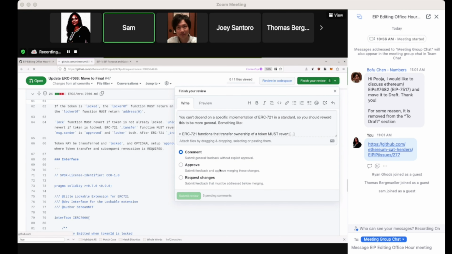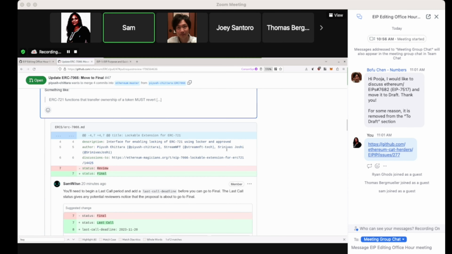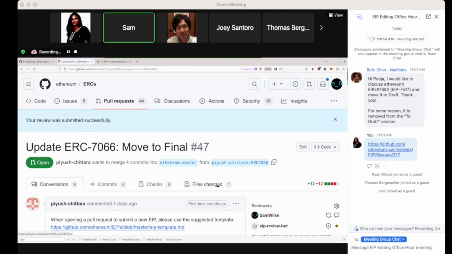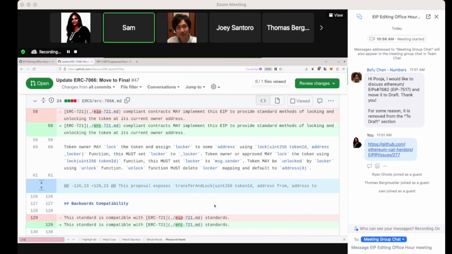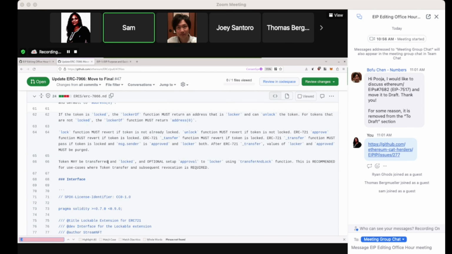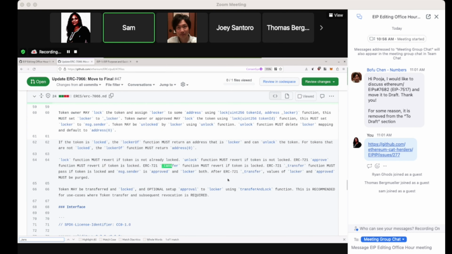That is not what I wanted to do. ERC 721 transfer function must pass if token is locked and message.sender is approved and the locker, or both, after ERC 721 transfer.